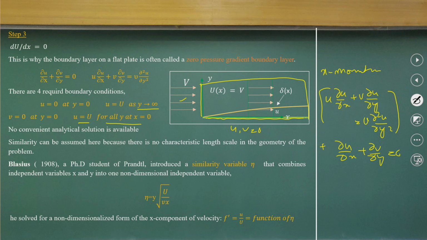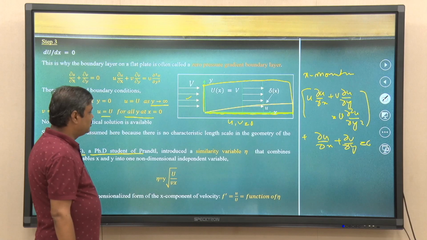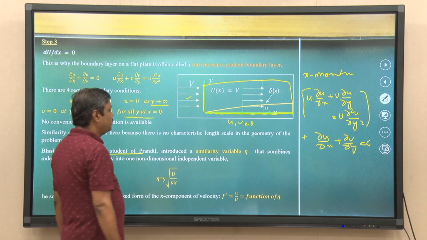The Blasius, as I mentioned earlier, in 1908, was a PhD student of Prandtl, who is very well known in turbulence studies. He introduced a similarity variable.